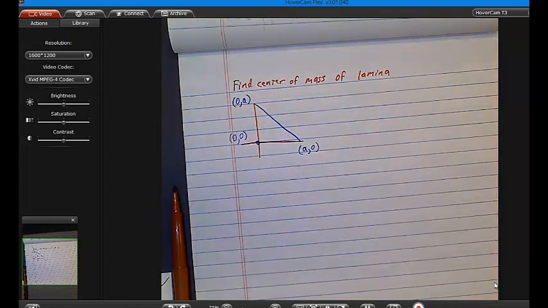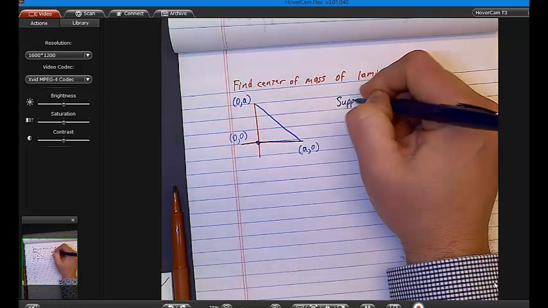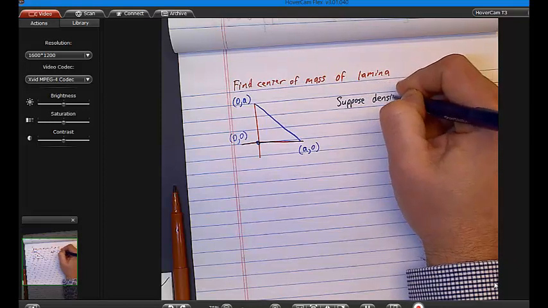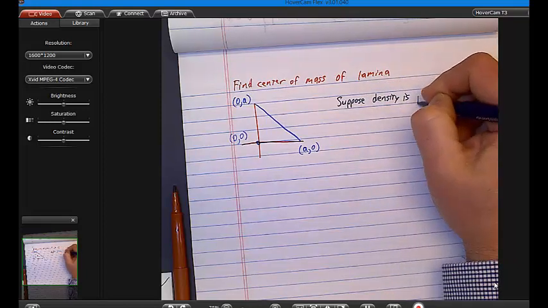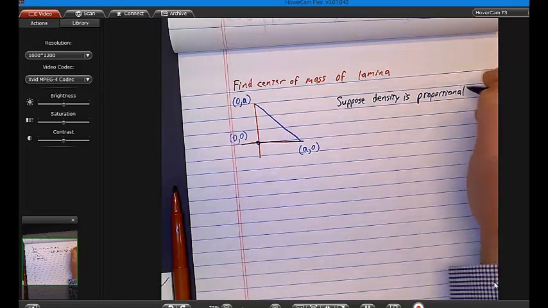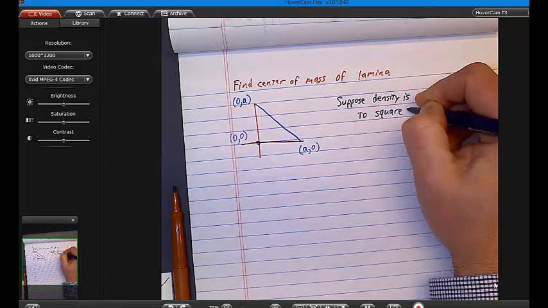And let's suppose that density is proportional to, well, let's say the square of the distance. This makes things a little nicer.